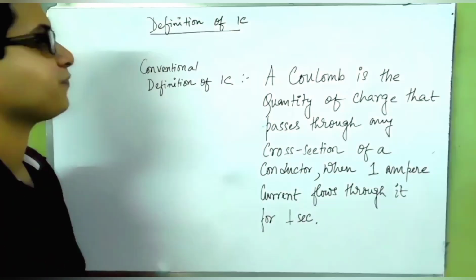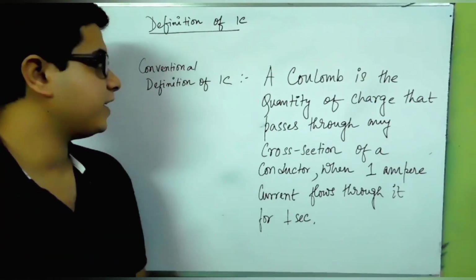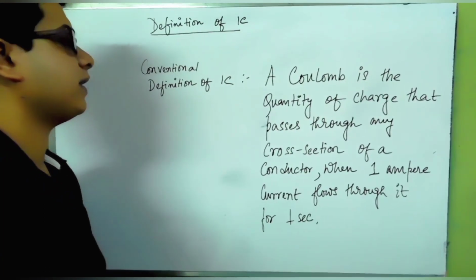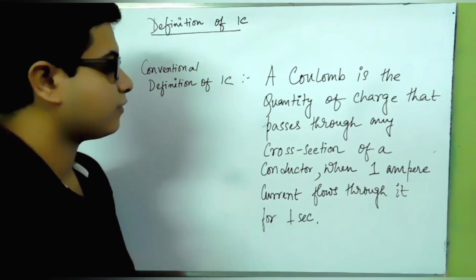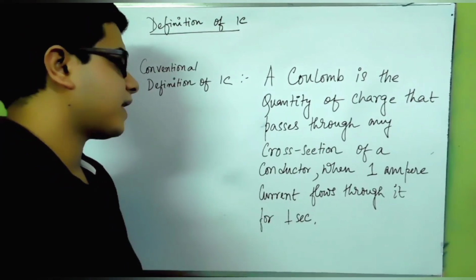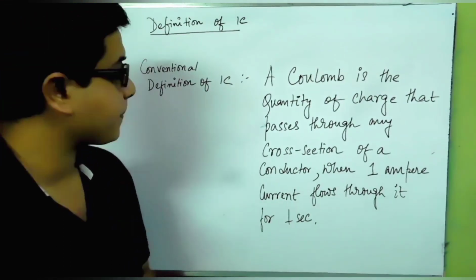So this is the conventional definition of 1 Coulomb, and it states that a Coulomb is a quantity of charge that passes through any cross section of a conductor when 1 ampere current flows through it for 1 second.